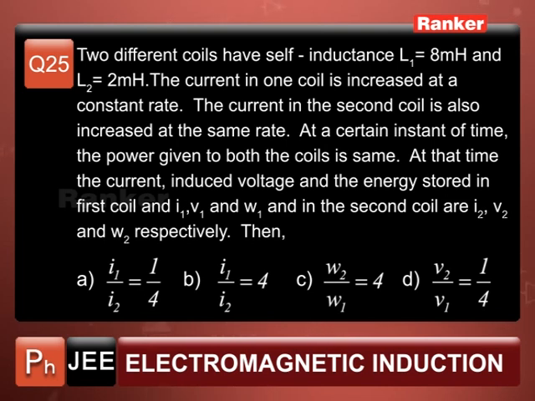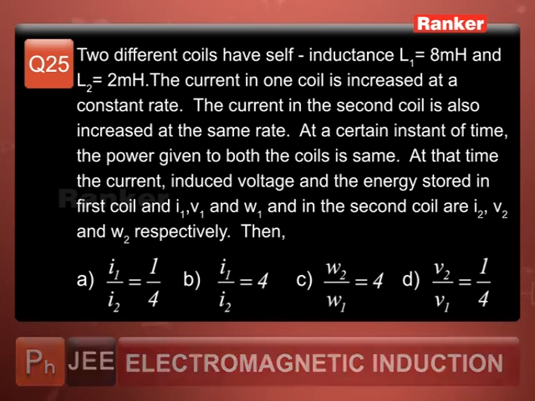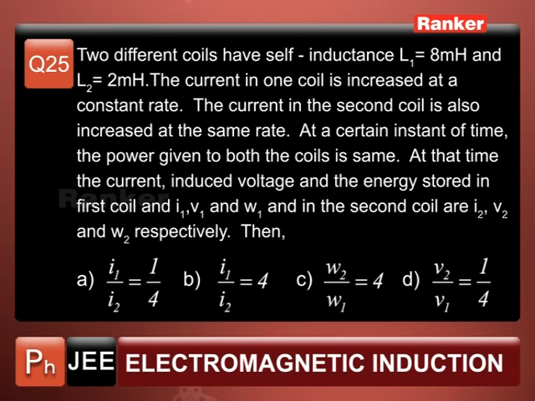And coming to the third option, W2 by W1, that is energy stored in the second one divided by energy stored in the first one, is given as 4 again. And fourth option he gave, V2 by V1 is equal to 1 by 4, so that is V1:V2 is 4:1 ratio he is talking about.